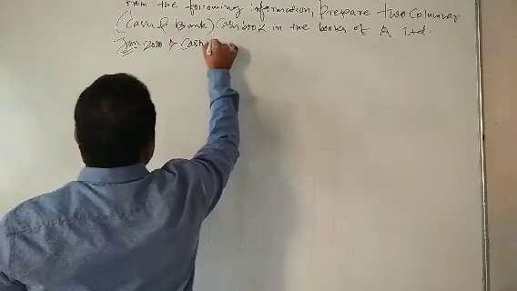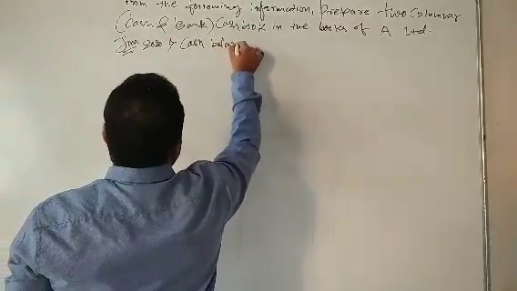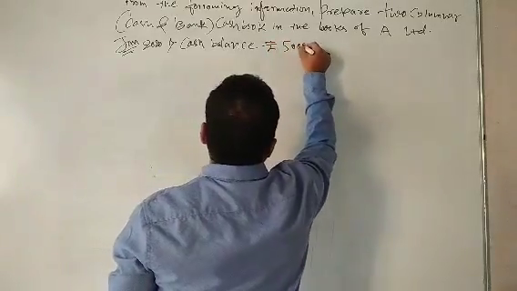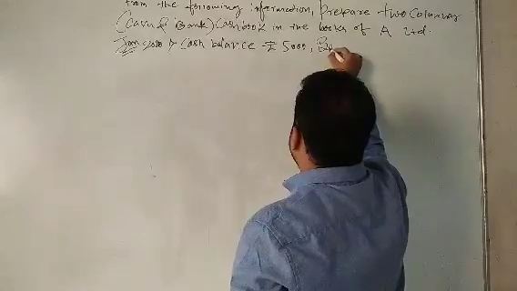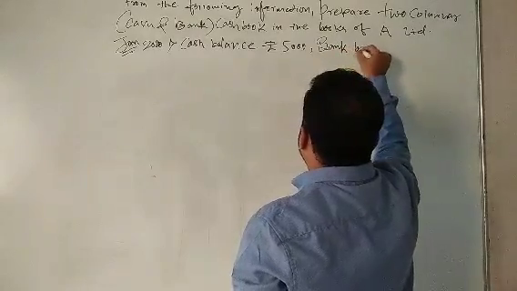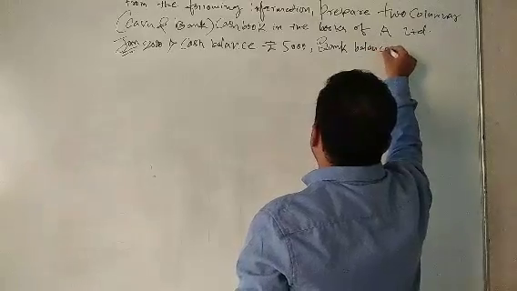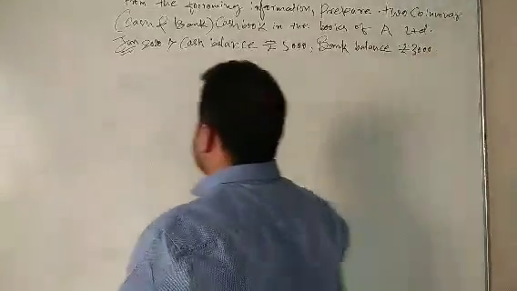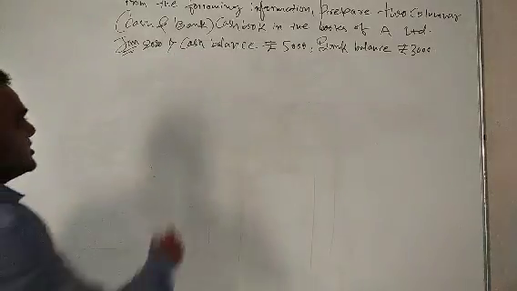Cash balance rupees 5,000. Bank balance rupees 3,000. Students, first transaction, cash balance 5,000, bank balance 3,000.